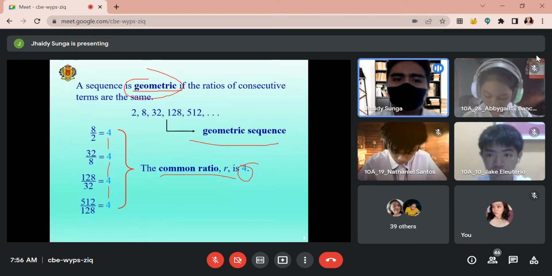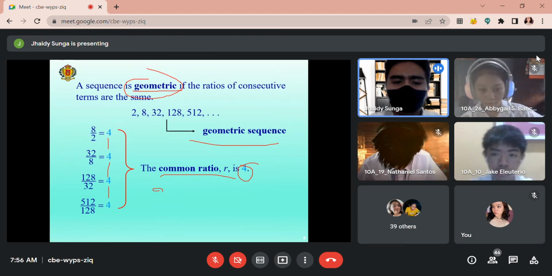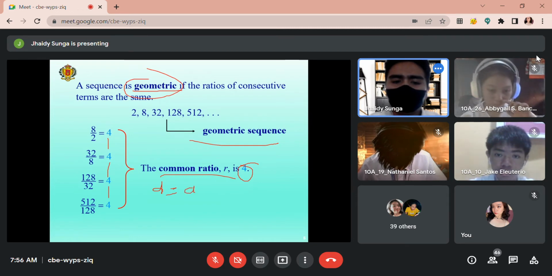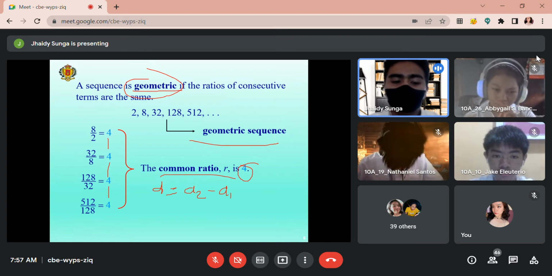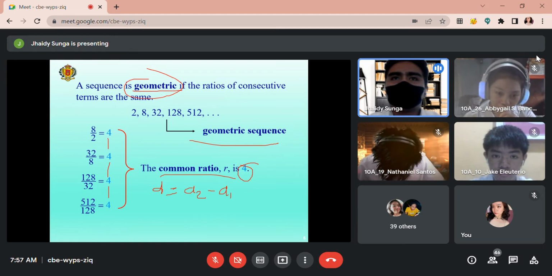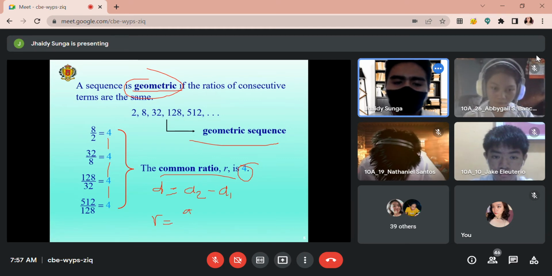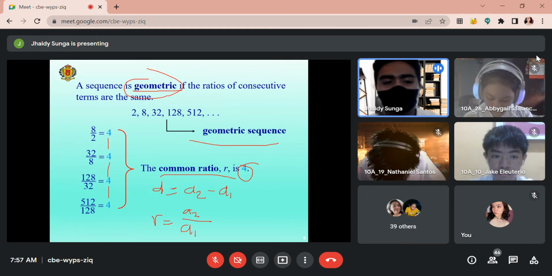If we have the formula in arithmetic, what is the formula for getting a common difference? We have difference is equal to a sub 2 minus a sub 1. In our case, if you will remember from the first presentation that I showed you, we have the ratio: a sub 2 over a sub 1, or a sub 2 divided by a sub 1.